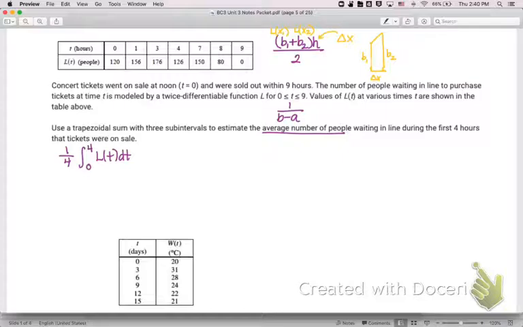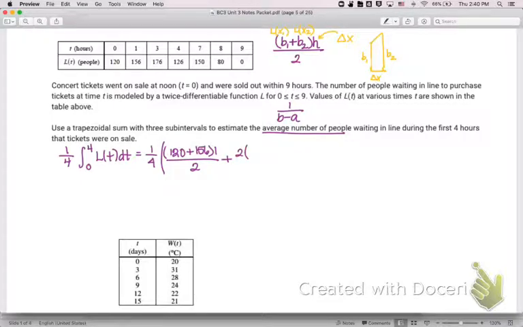So our trapezoidal rule is going to be 1/4 times. The first thing that we want is the width of the first interval. 0 to 1 is only 1. Base 1 plus base 2, so it's going to be 120 plus 156 times 1 divided by 2. Plus, from 1 to 3, the width is 2.